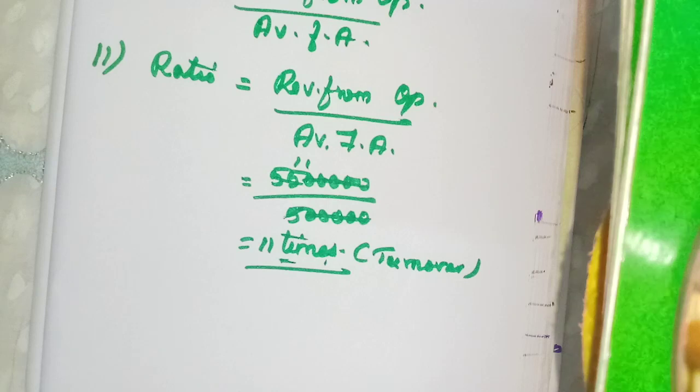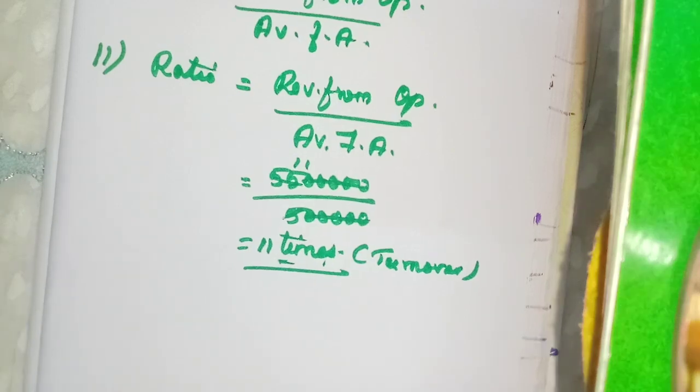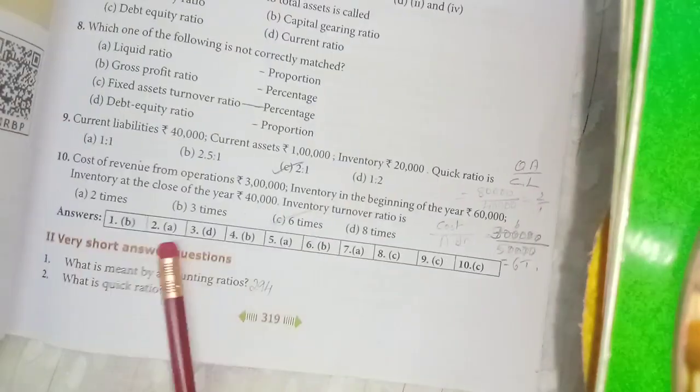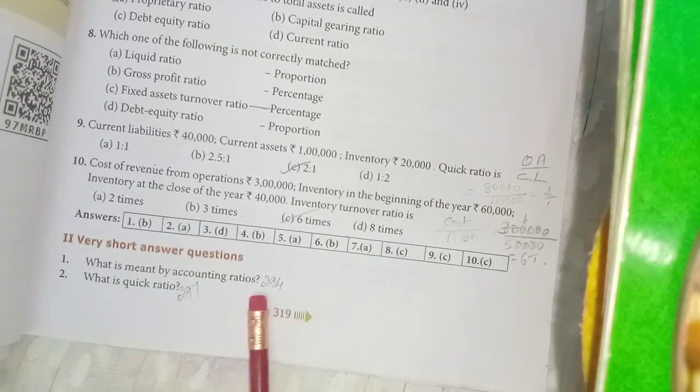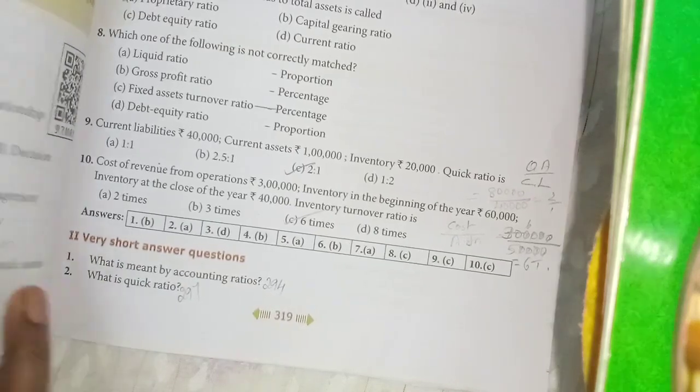Now we will mark the question answers. What is meant by accounting ratios? It is on page number 294.